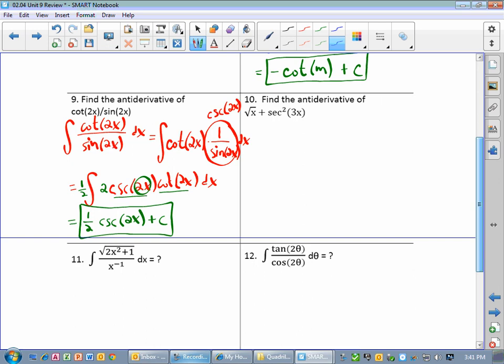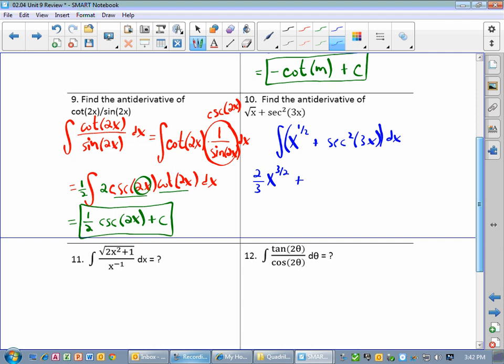Okay, so let's start this problem off by rewriting it as x to the 1/2 plus secant squared of 3x. Now keep in mind we can integrate each part separately, so x to the 1/2 is a fairly straightforward integral. We get x to the 3/2 times 2/3. Right, so it's like over 3/2, we can just write the reciprocal.